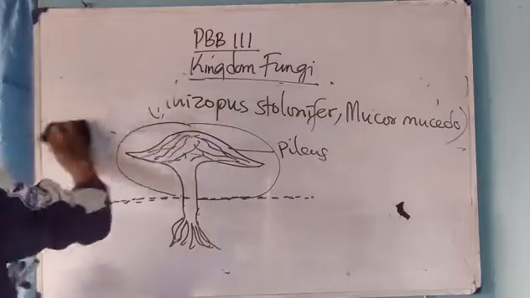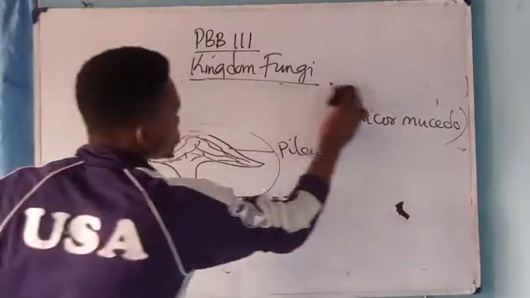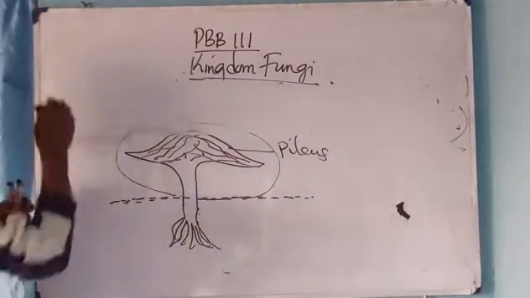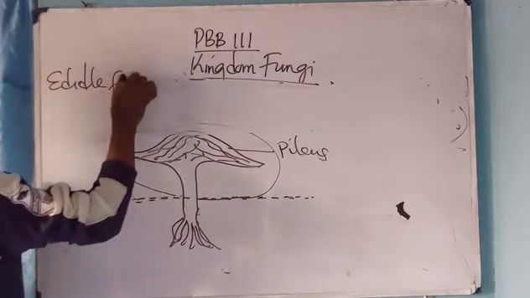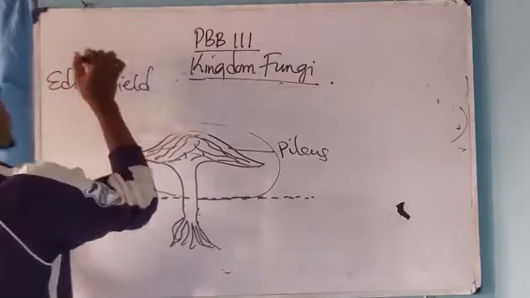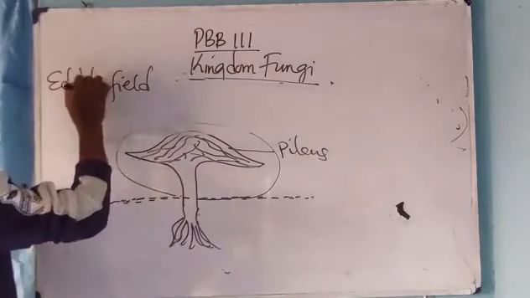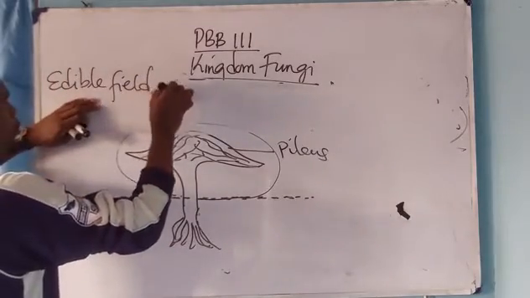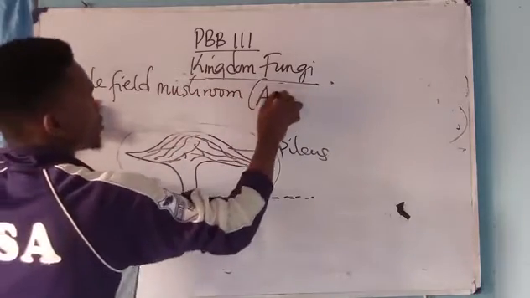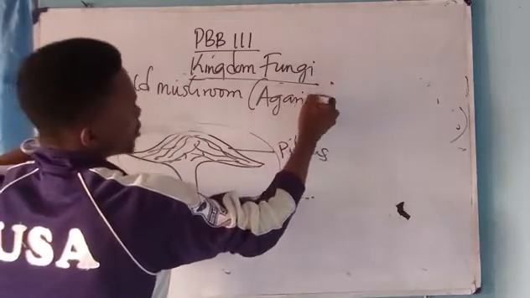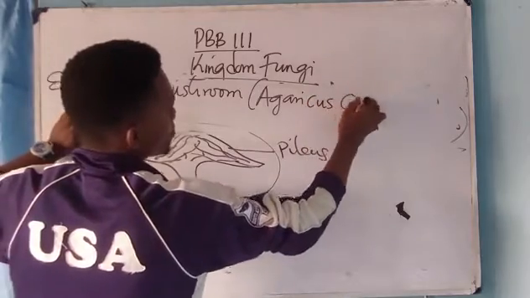Now there are some edible field mushrooms. This mushroom is called Agaricus campestris.